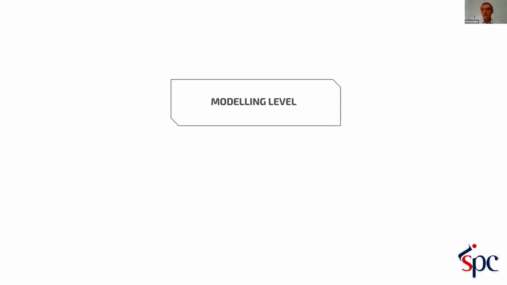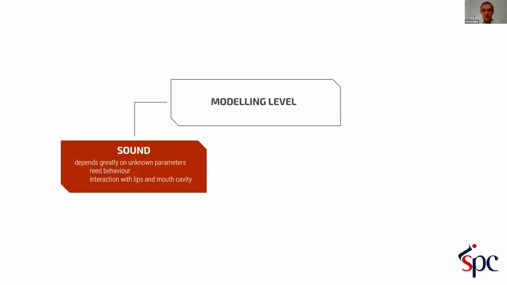Much more importantly, at which level do we want to model the behavior of our instrument? One approach is modeling the sound. So that's a big idea. But like all modeling, our modeling depends on the precision of our data. And where we don't have any data, the best modeling won't give us any reliable results because they're based on nothing.